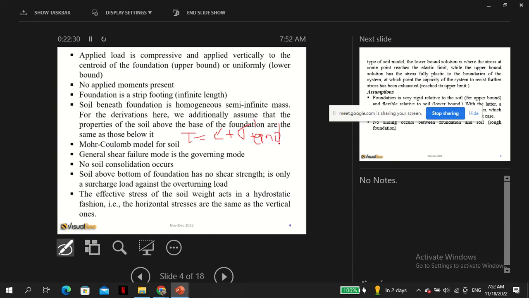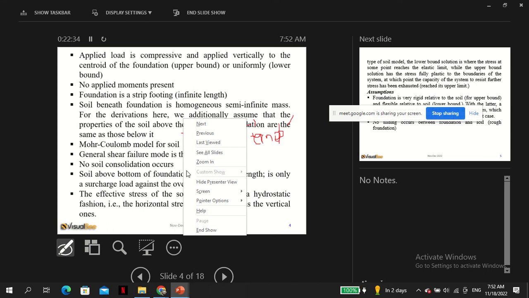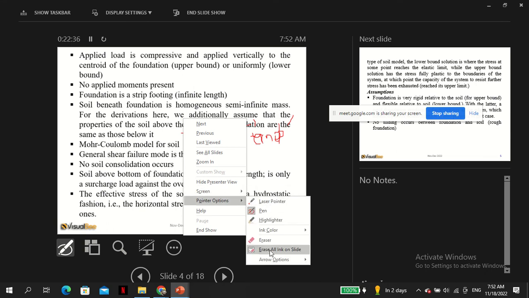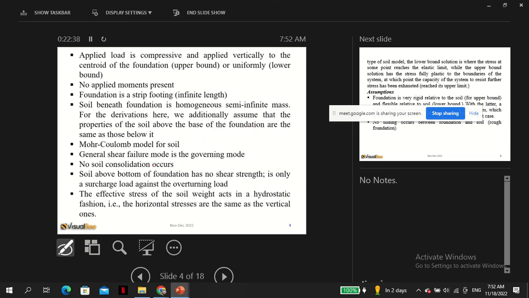So this is the Coulomb failure criterion that is applicable, but no consolidation occurs. You remember from the first topic we said the difference between consolidation and compaction.